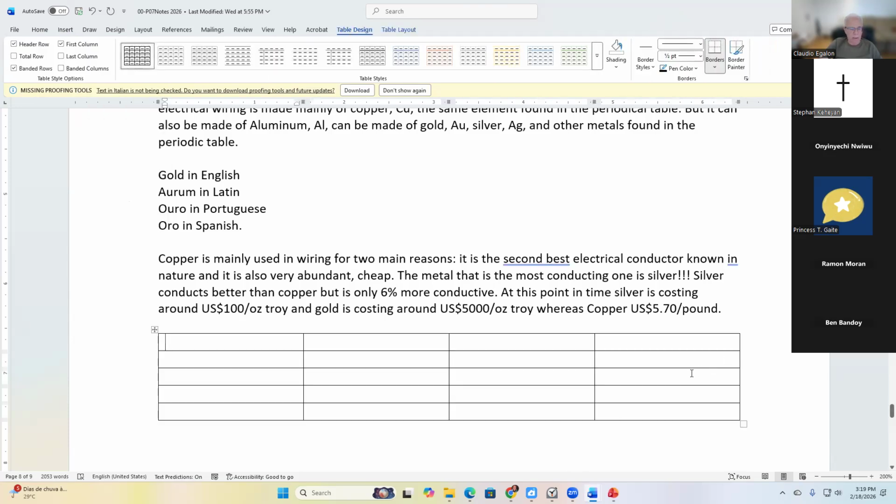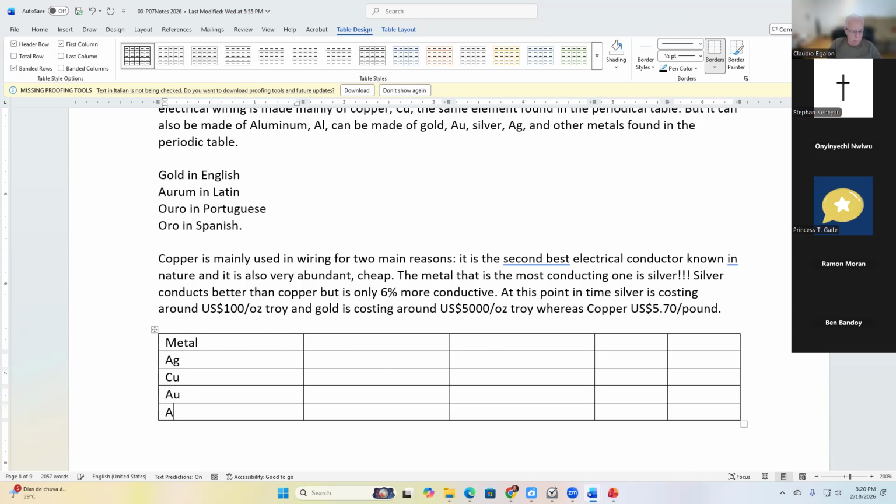And I think I'm going to need another one. Another right here. Here you go. Metal. Argentium. Silver. Copper. The next one is aurum. Gold.